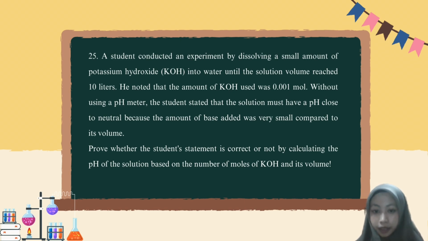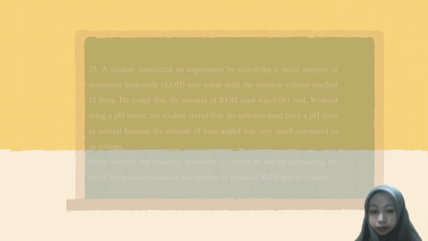Without using a pH meter, the student stated that the solution must have a pH close to neutral because the amount of base added was very small compared to its volume. Prove whether the student's statement is correct or not by calculating the pH of the solution based on the number of moles of KOH and its volume.